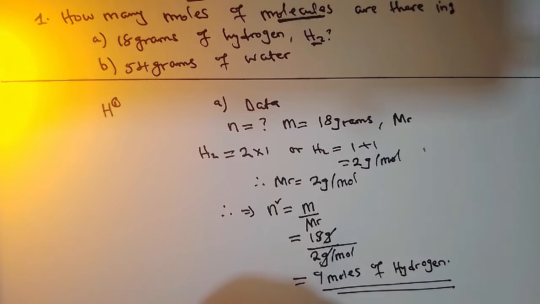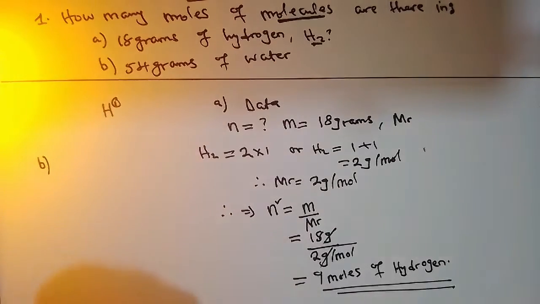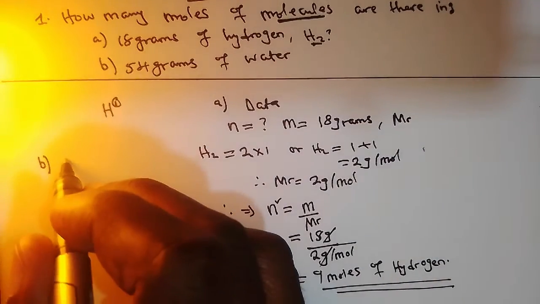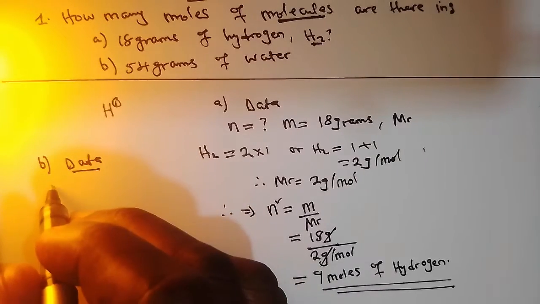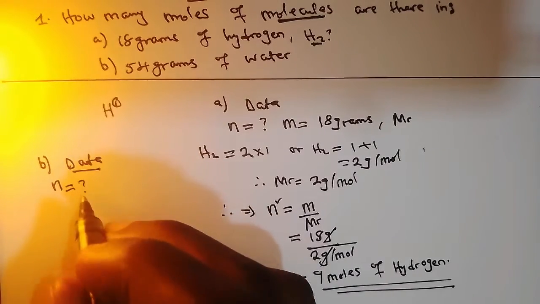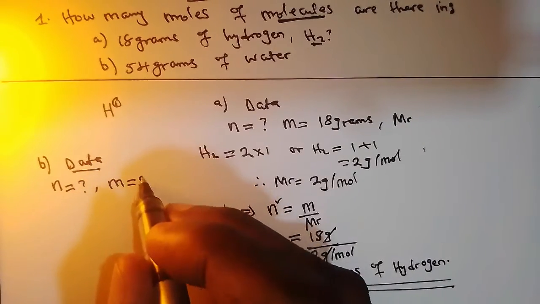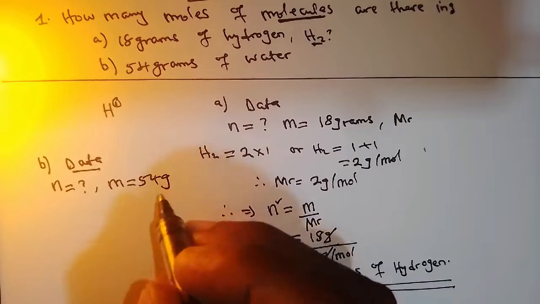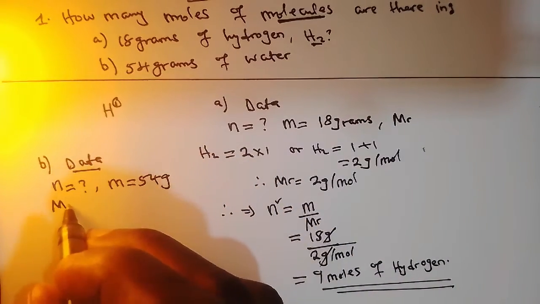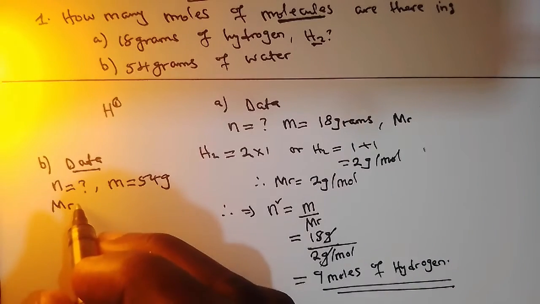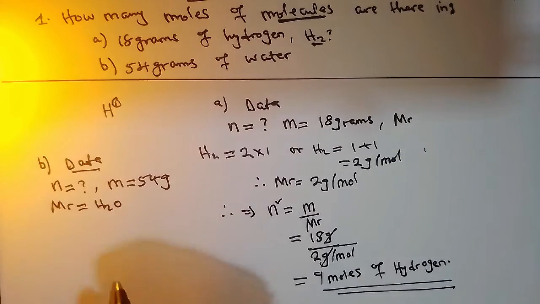Now for B, the information that you have is as follows. The number of moles is what you're looking for, and the mass is given as 54 grams, and we're looking at the molar mass of water, which is H2O.